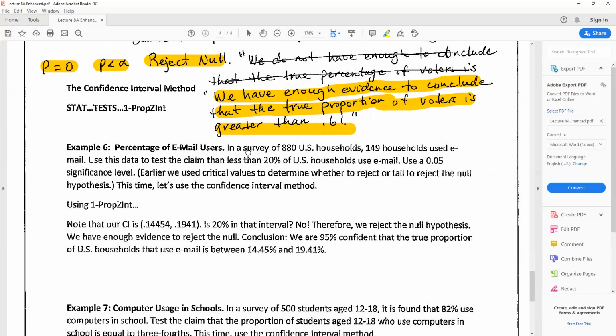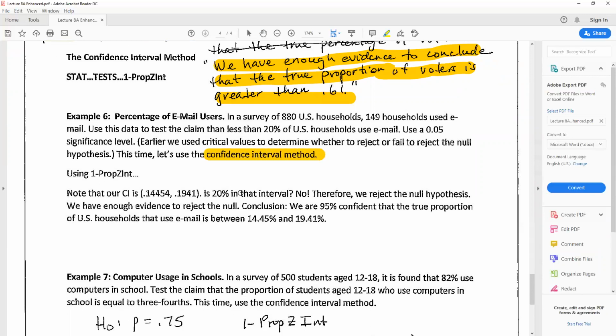This time we're going to use the confidence interval method. To use the confidence interval method, we use one prop Z interval. When we go in to use one prop Z interval and enter the information needed to run the program, we get this.